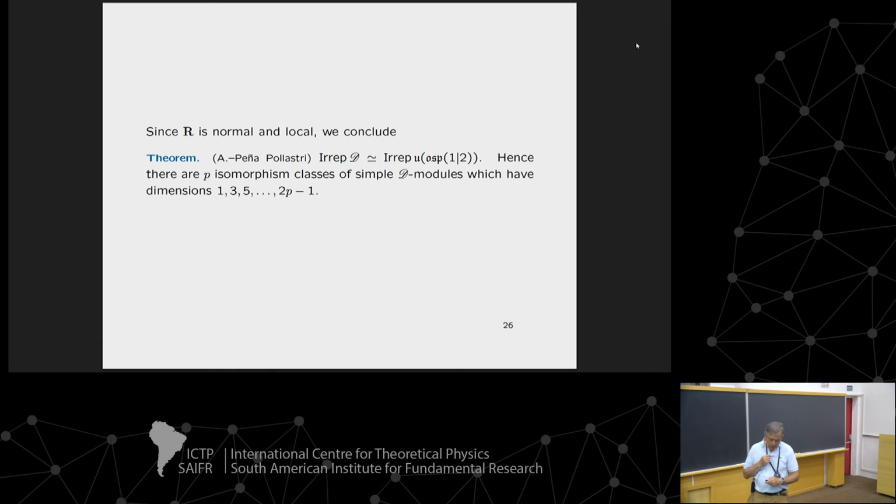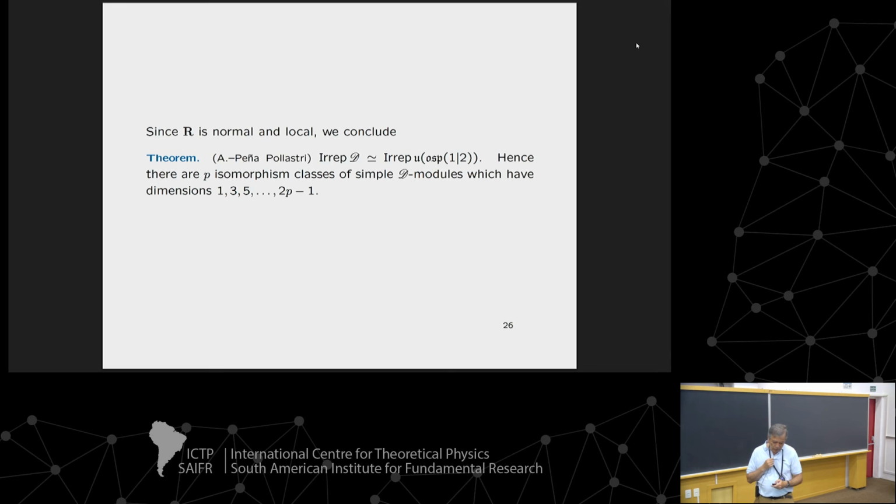Now, as before, R is finite dimensional, local, and normal, and then we conclude that the irreducible representations of D are in bijective correspondence with the irreducible representations of the restricted enveloping algebra of OSP12.